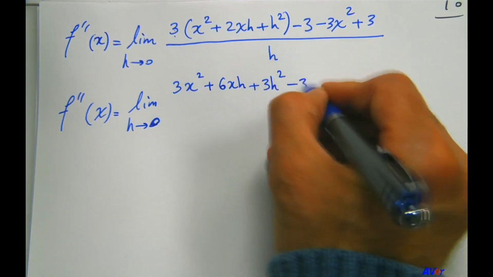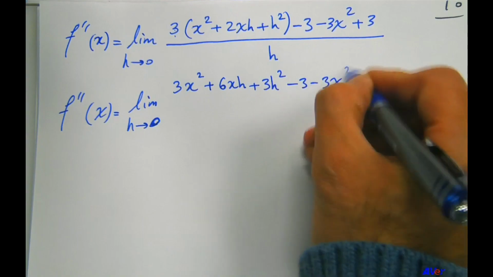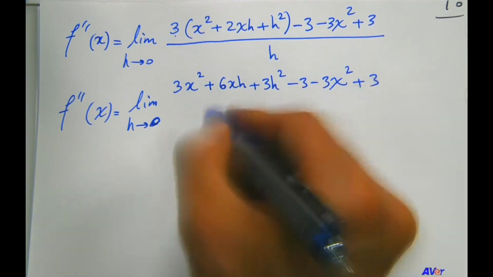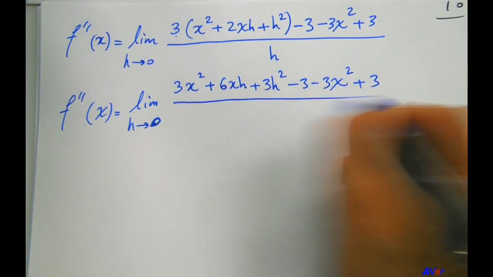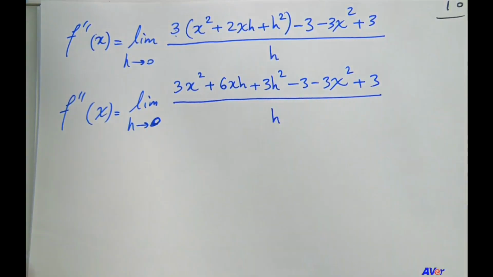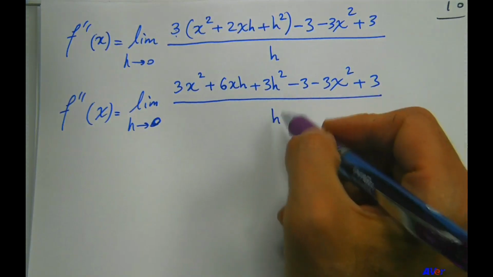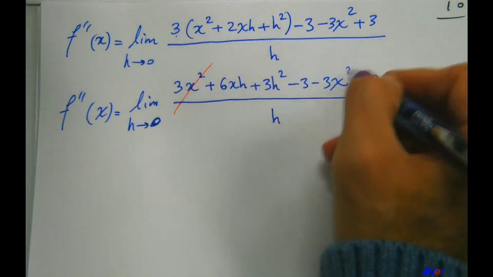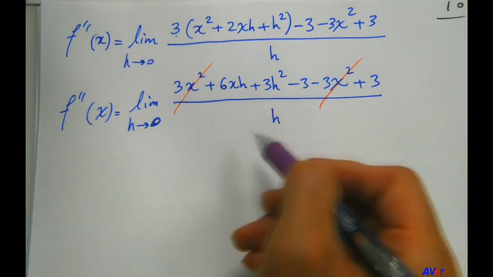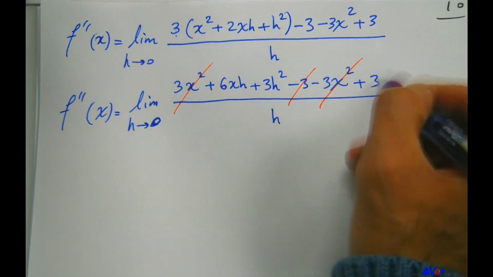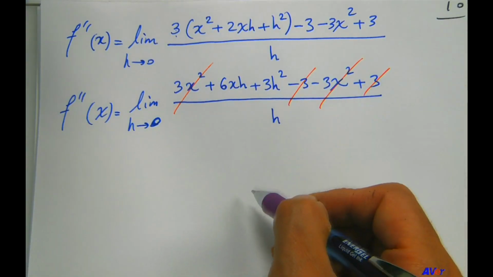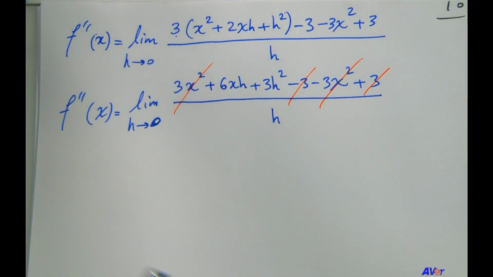Then minus 3 minus 3x squared plus 3. All of that over h. Okay, let's see if there's anything we can simplify here. We have 3x squared and minus 3x squared. They add up to 0. We have minus 3 and plus 3 adding up to 0.